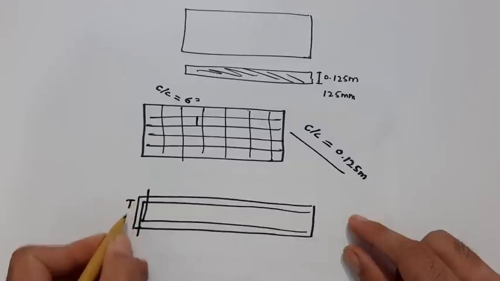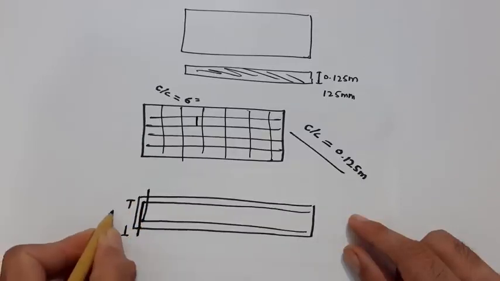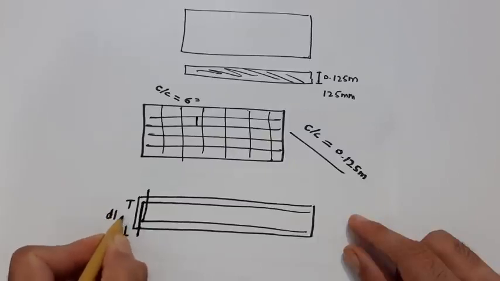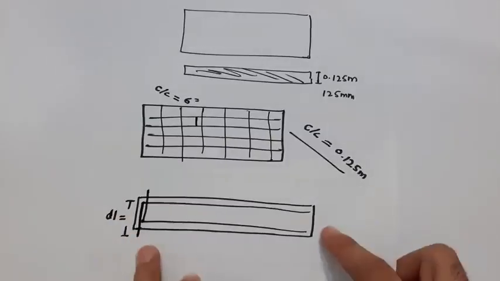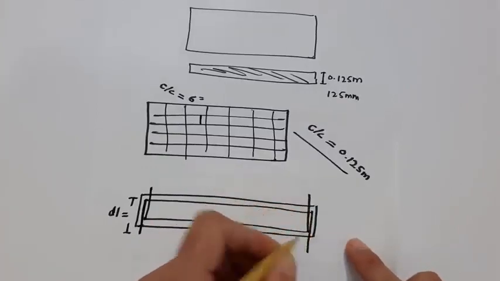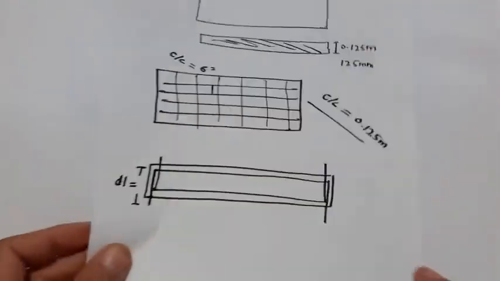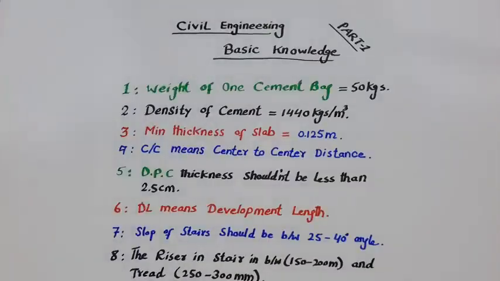From here to here, this is called DL, development length, which makes a good bond between steel and concrete. So at the end we are providing these.